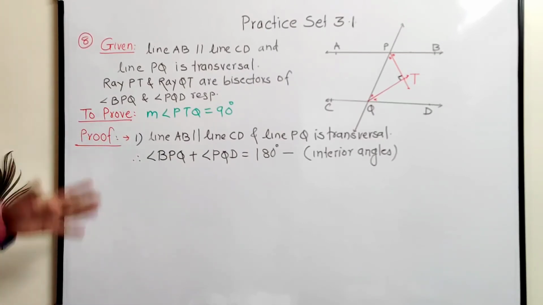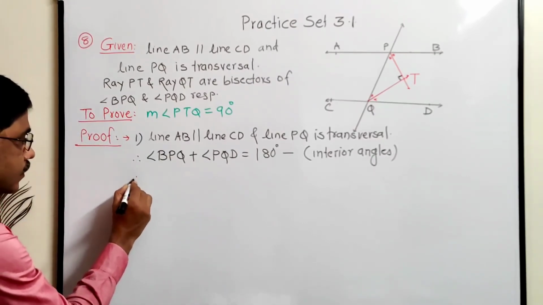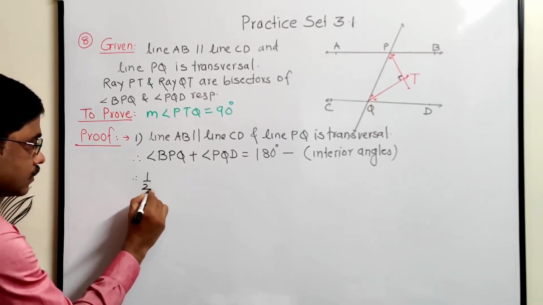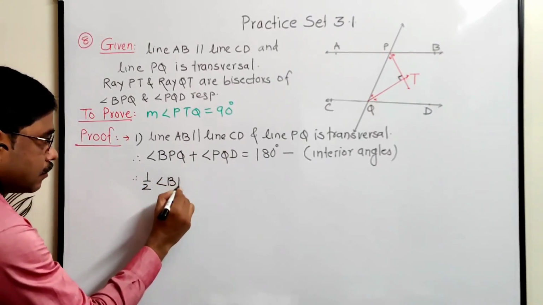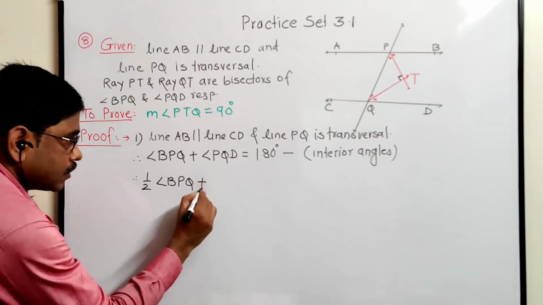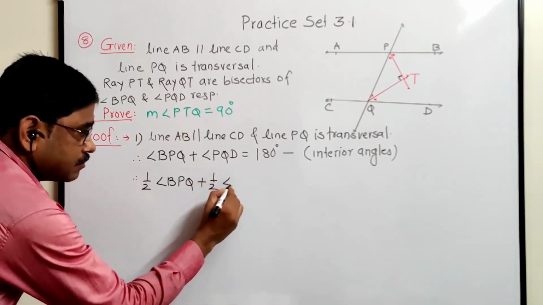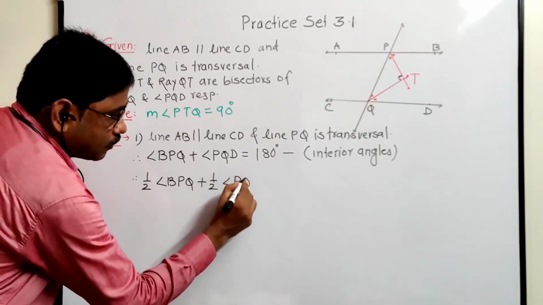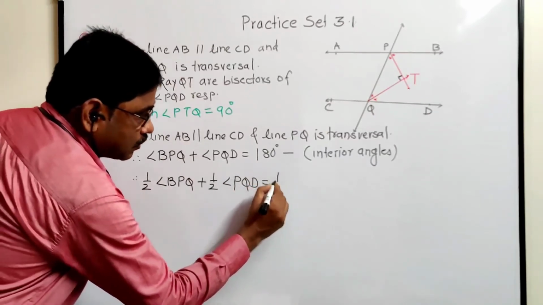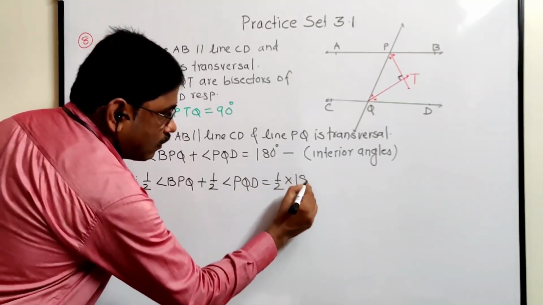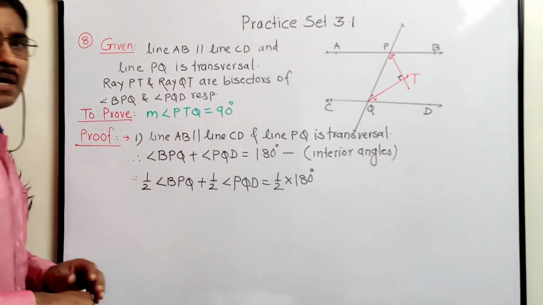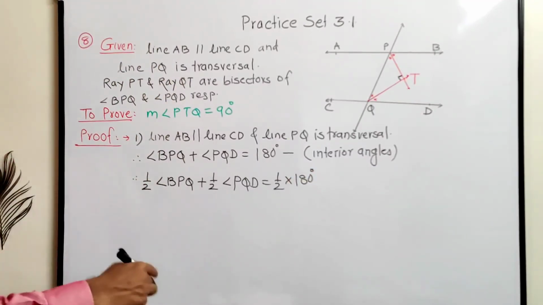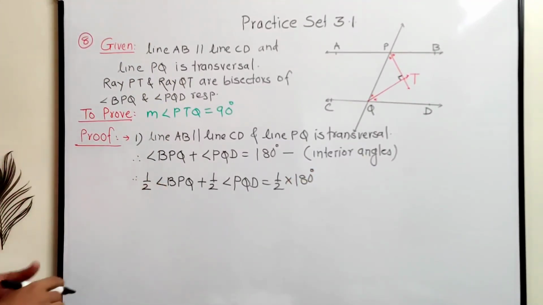If we divide by 2, we get half measure of angle BPQ plus half measure of angle PQD is equal to half into 180 degrees. So multiply by half.